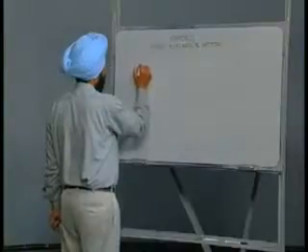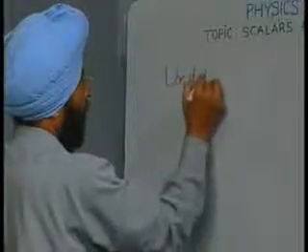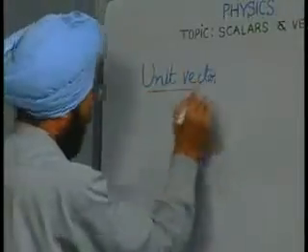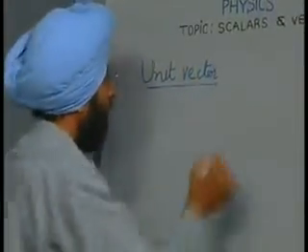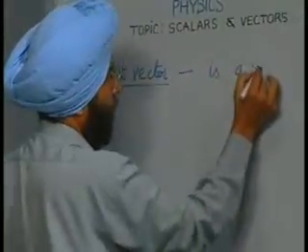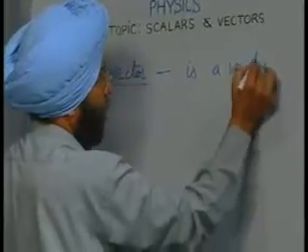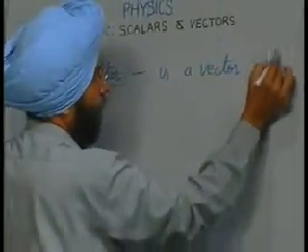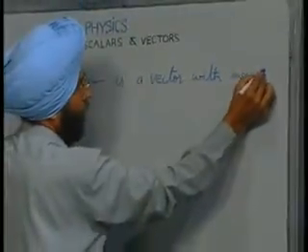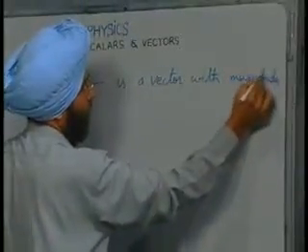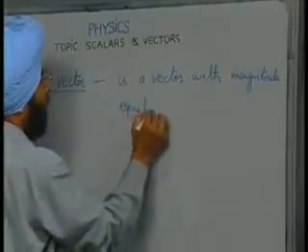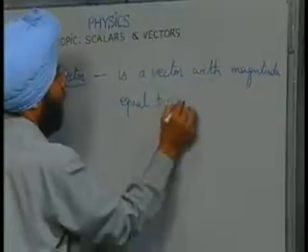Unit vector. A unit vector is a vector with magnitude equal to 1.